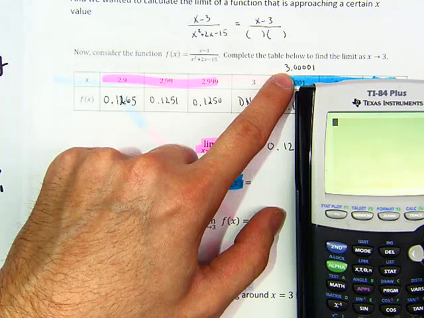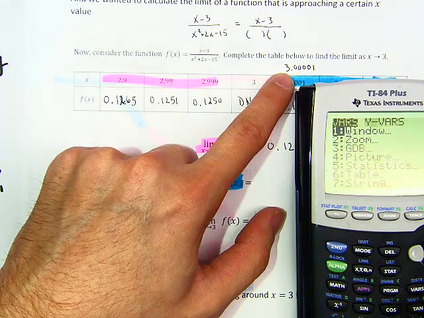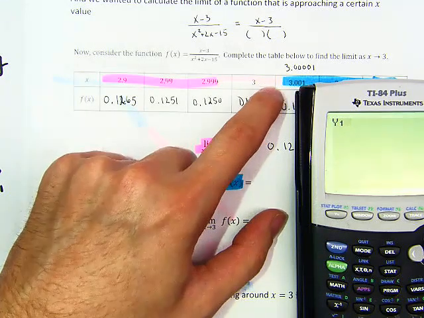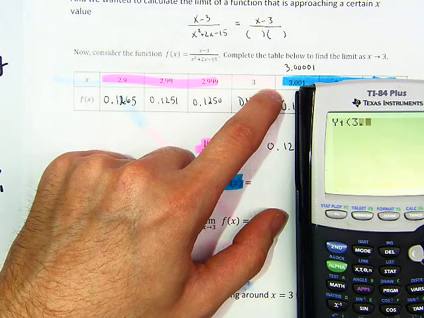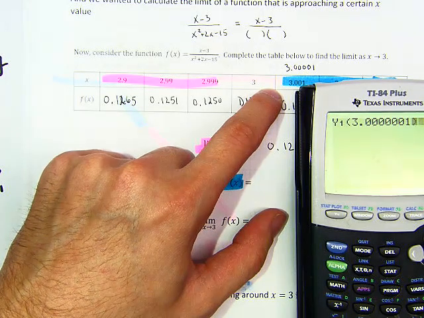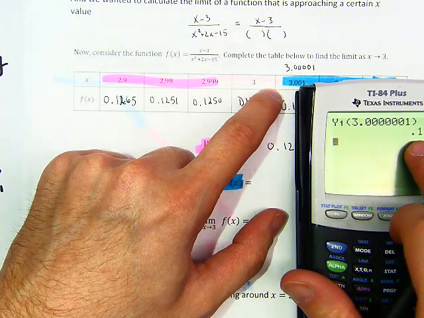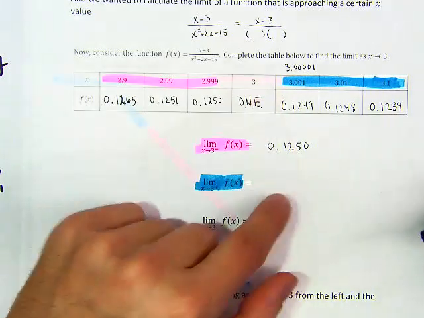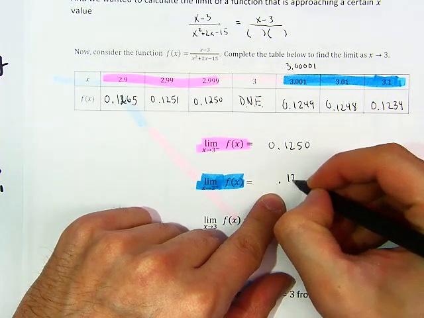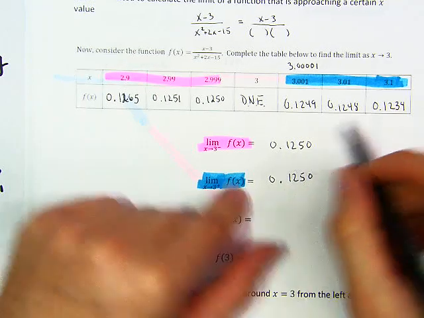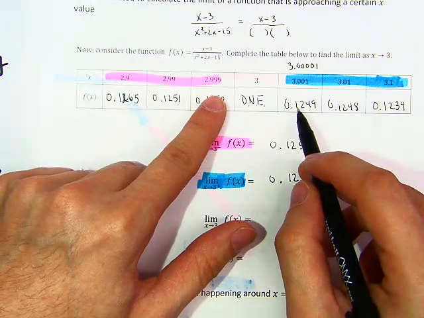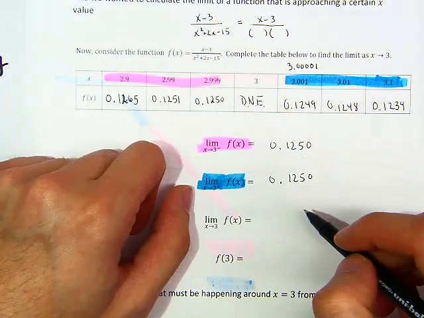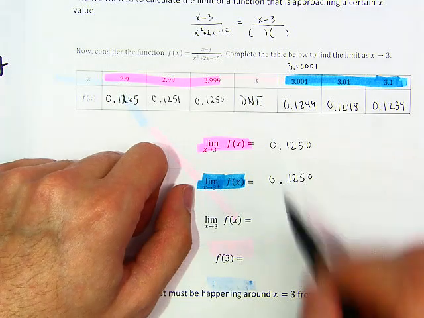So let's go to vars, y sub 1, parentheses, 3.000001, close. Notice that it's getting very close to 0.125, right? So this is 0.125, and that's the same. So notice that it's approaching the same thing, but at x equals 3, it doesn't exist, okay?